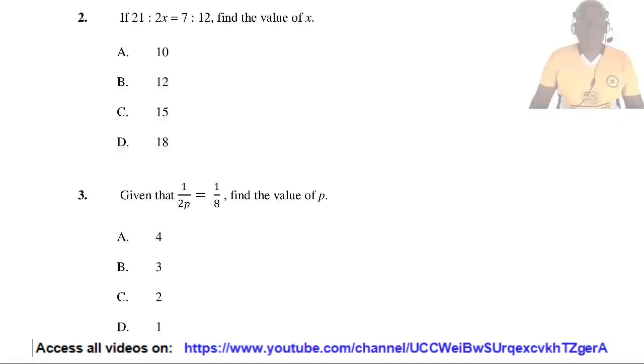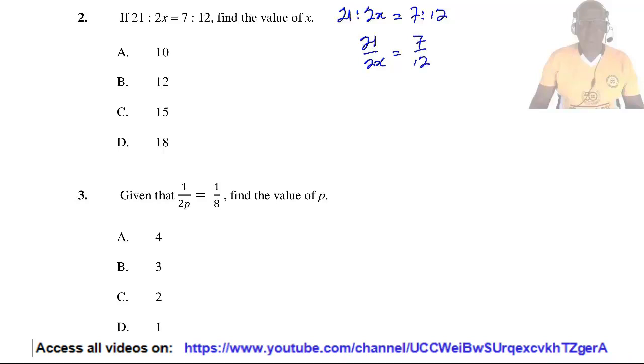Question 2. If 21 is to 2s equals to 7 is to 12, find the value of s. That is 21 is to 2s to be equal to 7 is to 12. This is equivalent to 21 divided by 2s to be equal to 7 divided by 12.